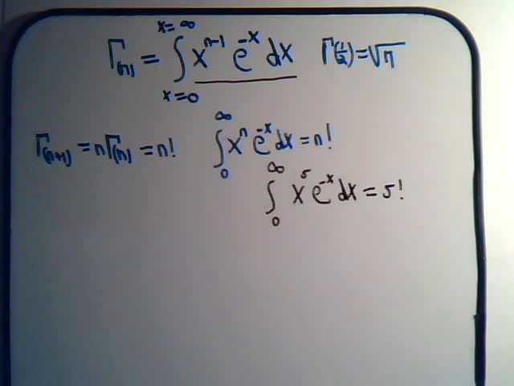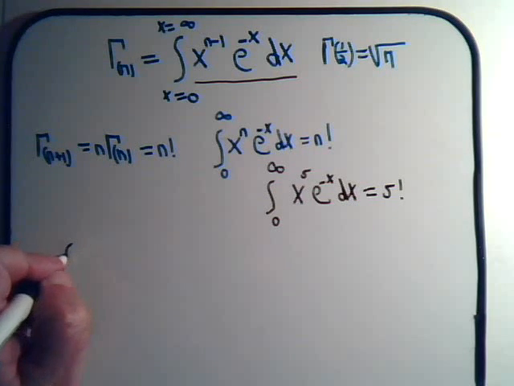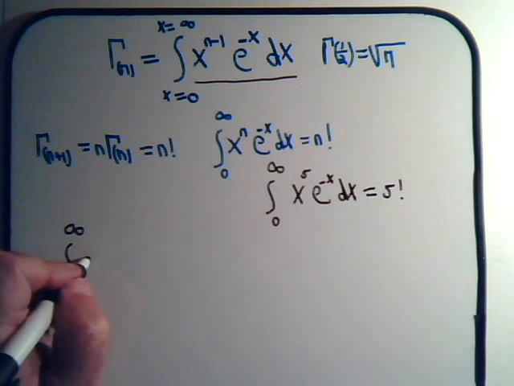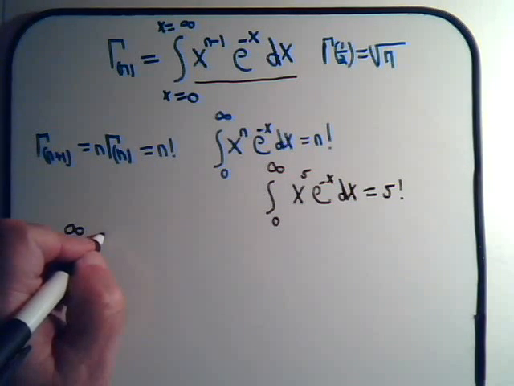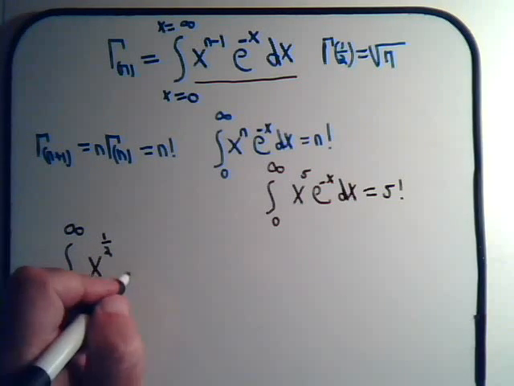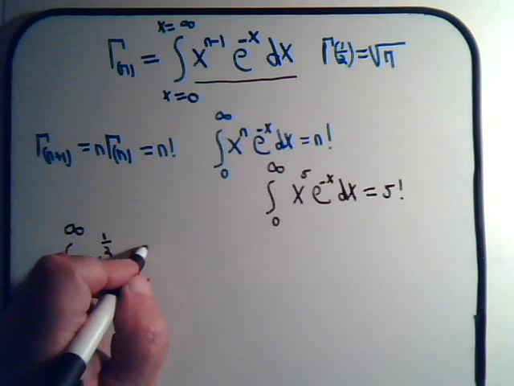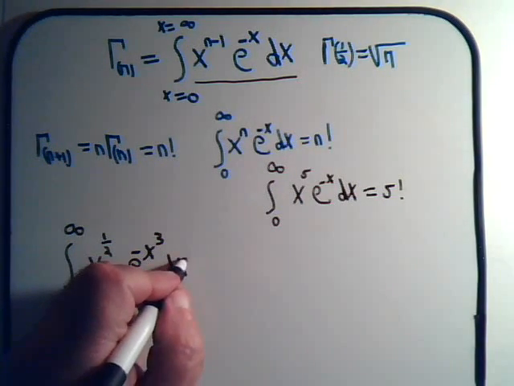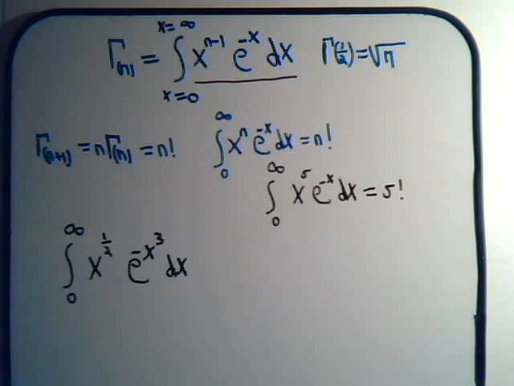What we want to do in this video and in the next one is consider some gamma type integrals and see how we can solve them. For example, suppose we had this integral to solve: the integral from 0 to infinity of x to the 1/2 times e to the minus x cubed dx.